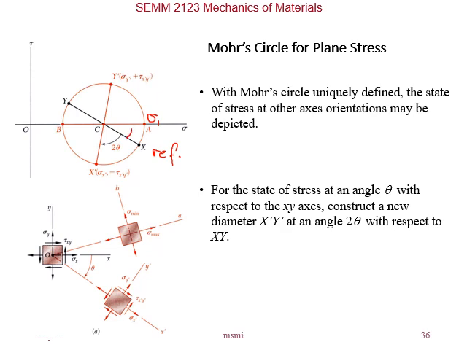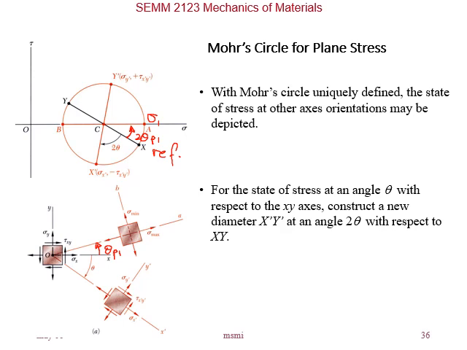From here, you go up, or you go counterclockwise, that's 2 theta P1. And so from X, you go counterclockwise, theta P1, and you will get the stress element where you have principal stresses only. So you have sigma max, sigma min, okay, and no shear stresses.